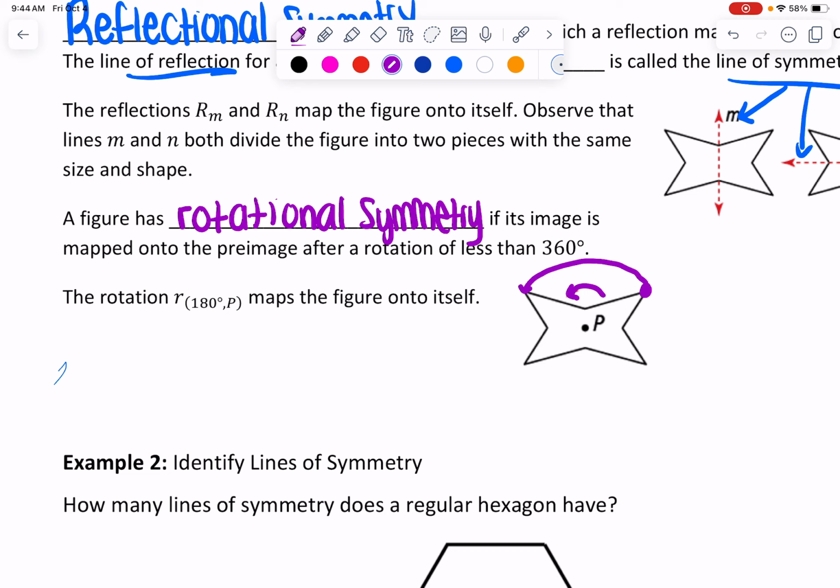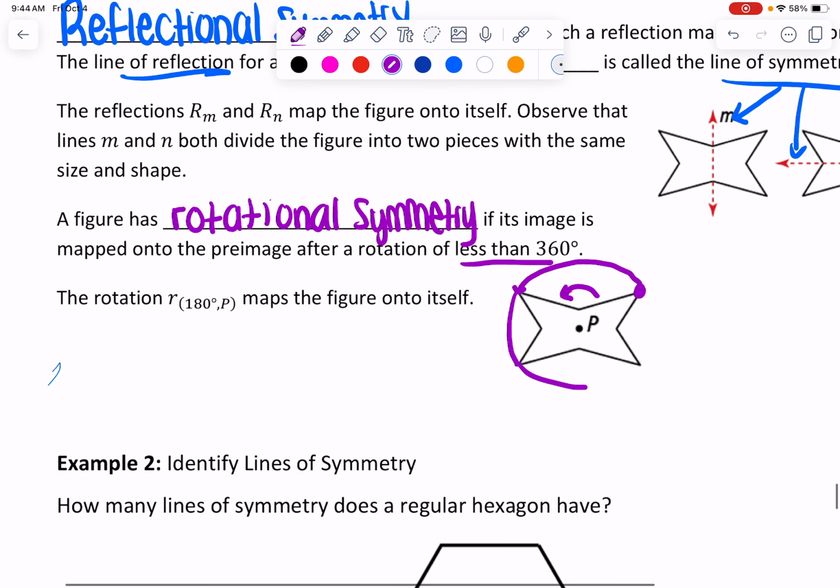When we're talking about rotational symmetry, the biggest thing is it has to be less than 360 degrees, okay? So it cannot be greater than 360 because all the way around would equal 360 degrees. And we'll practice a couple of those looking at the rotational symmetry, okay?